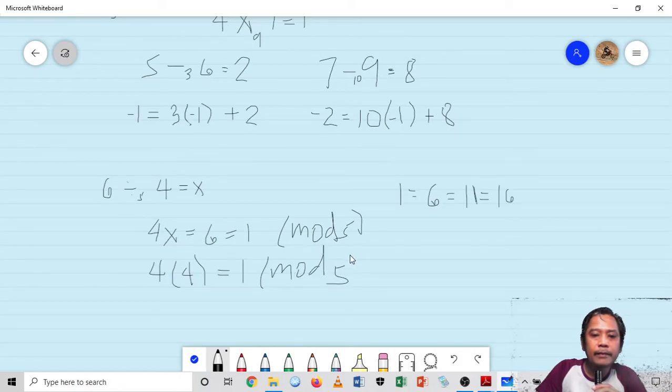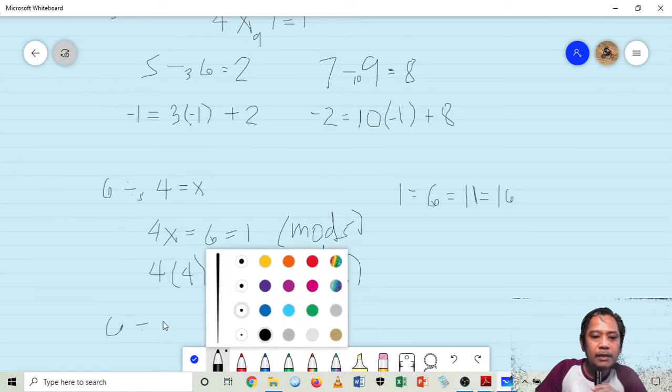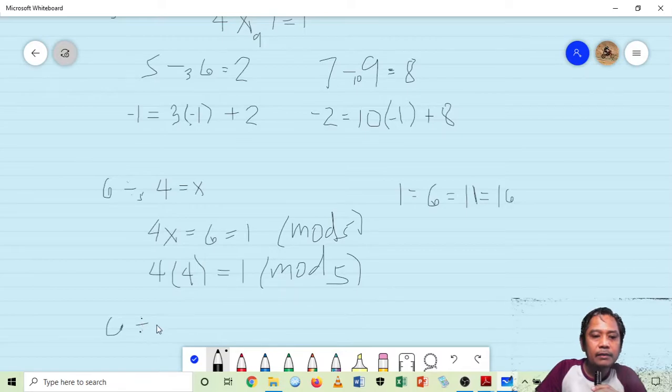Meaning, 6, which is the same as 1, divided by 4 in modulo 5 is equal to 4.